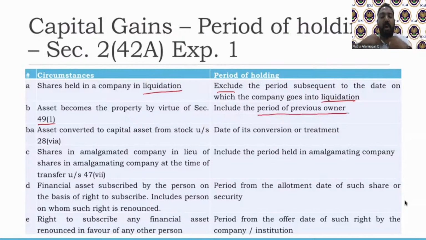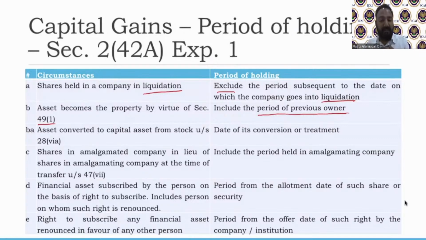So which means if you are not actually buying the asset, it has come to you through one of these mechanisms, gift, will, succession or something like that, then the date of acquisition is not the date in which it came to you, but the date which was purchased by the previous owner.